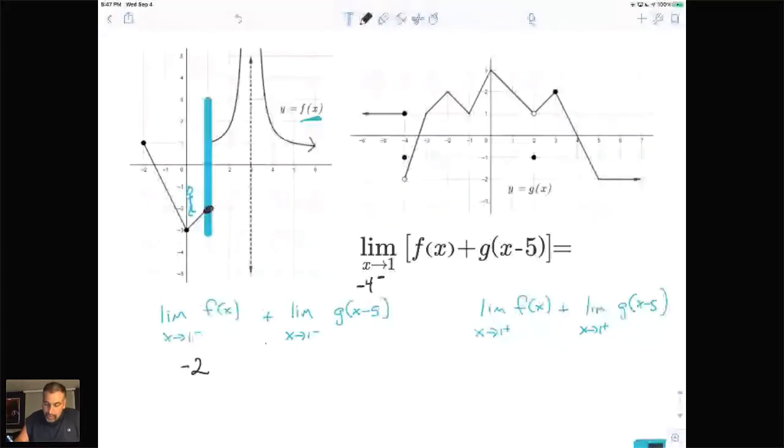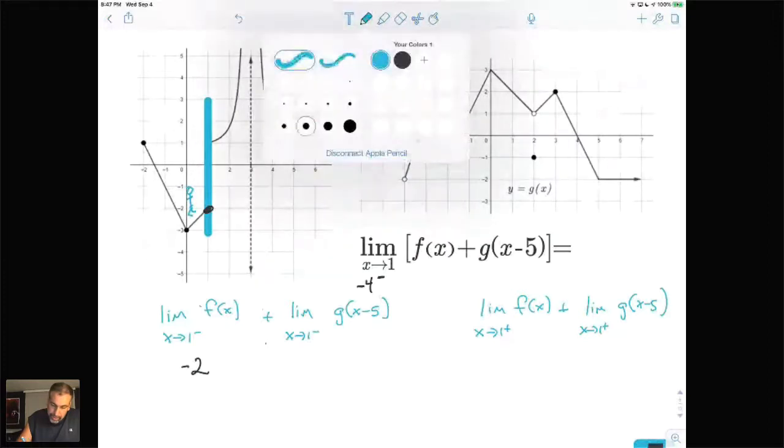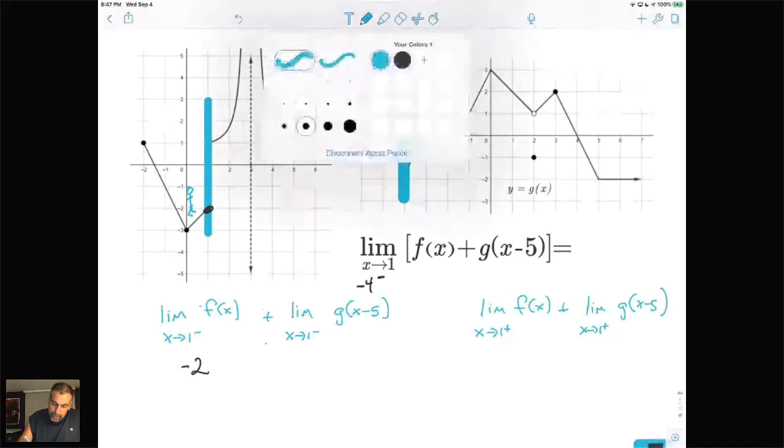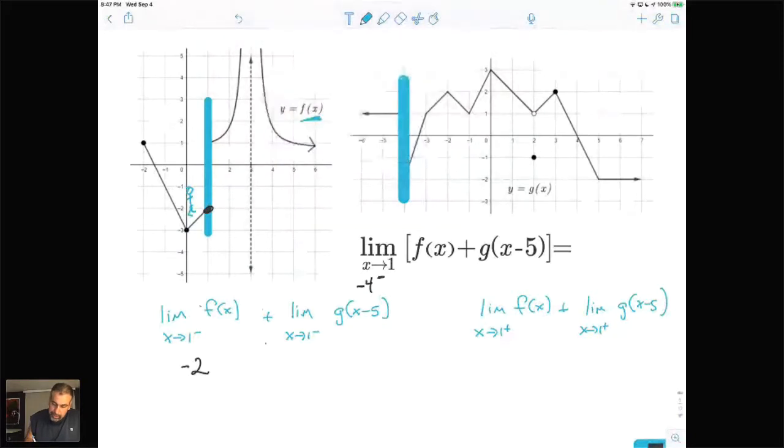So when I go to g of x and I want to look at this one, I am relocated here at the -4 value. That's where I end up. So when x approaches 1 from the left, my inside is approaching -4 from the left. -4 from the left means I'm putting someone walking along this way.